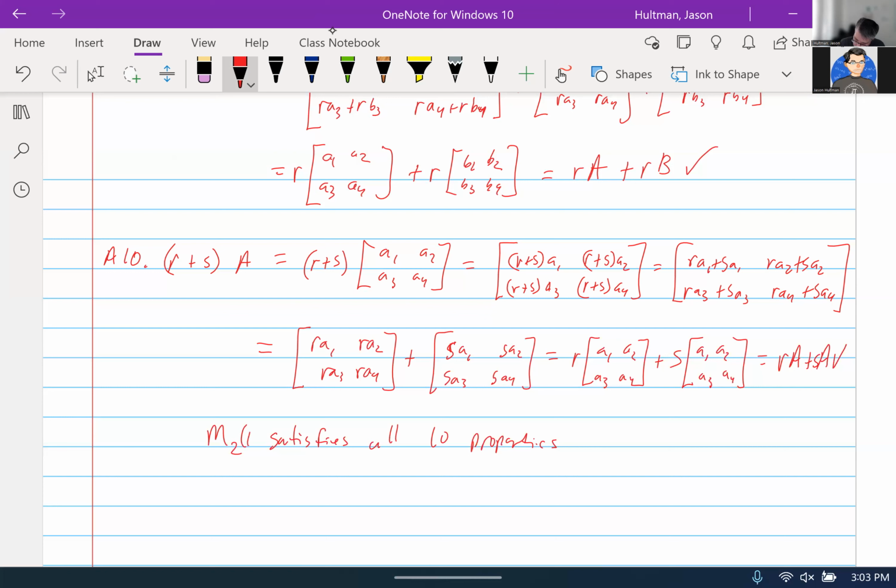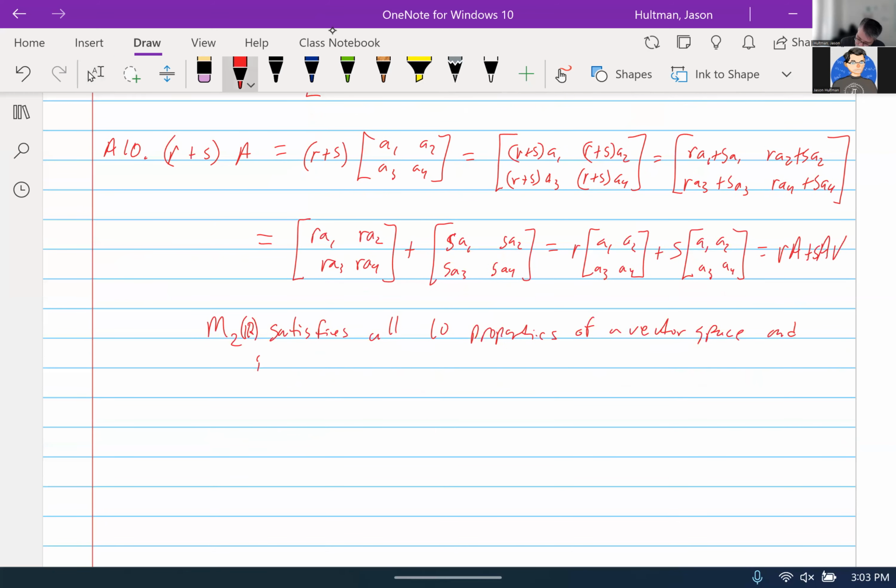M2R satisfies all 10 properties of a vector space and is itself a vector space.